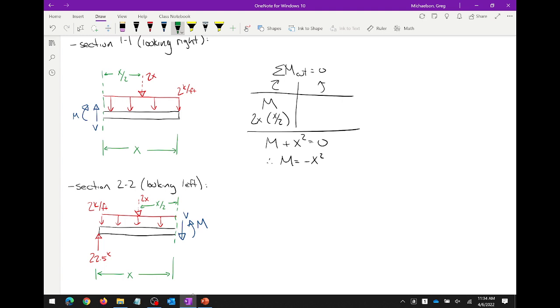Okay. So we sum moments. We have 22.5x, M, 2x, x over 2.